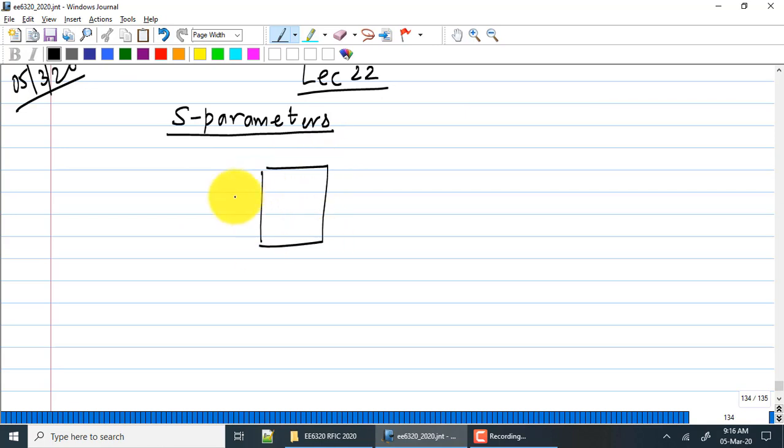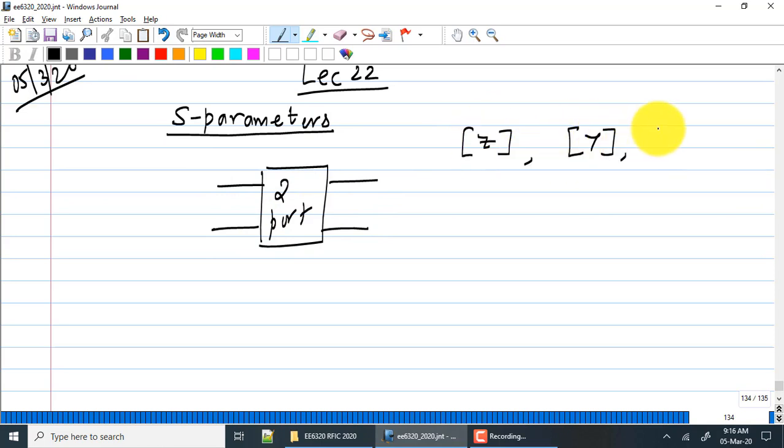So remember that if you have a two-port network, you have various types of parameters. I think what are the parameters that you folks have learned? Z parameters, Y parameters. I think you know of G parameters and H parameters. Any other parameters you have studied? A, B, C, D. Okay.